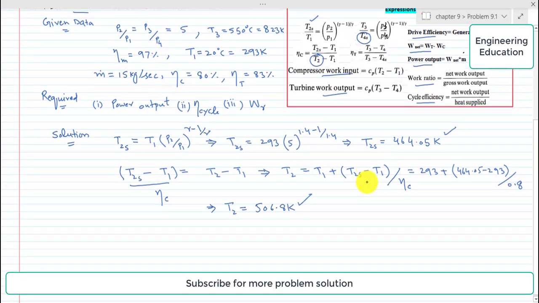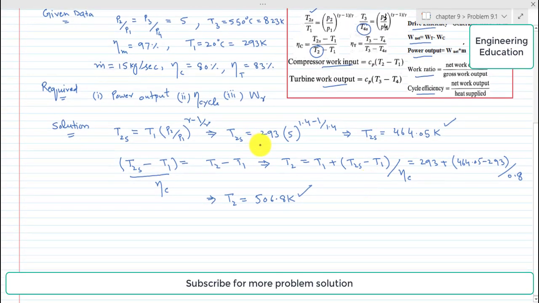Using that expression we will find the value of T4S. I am directly writing the expression: T3 by T4S is equal to P3 by P4 power gamma minus 1 by gamma.